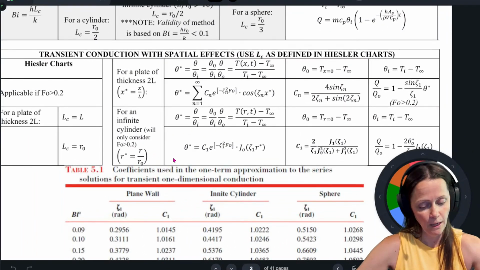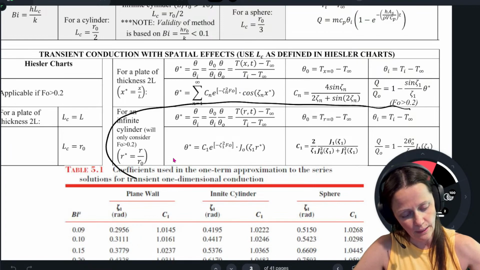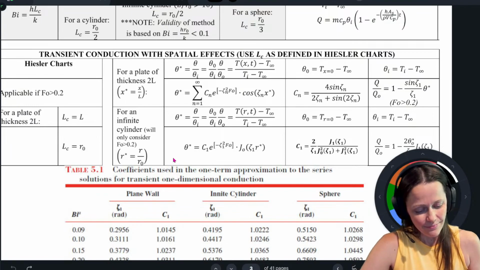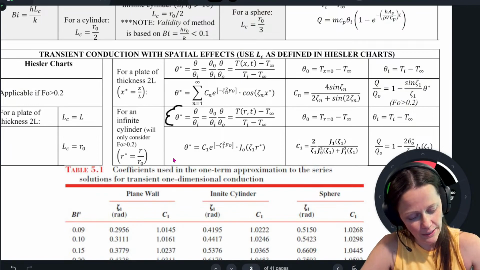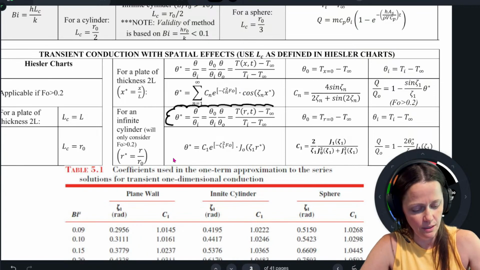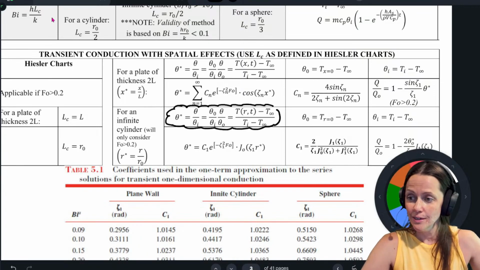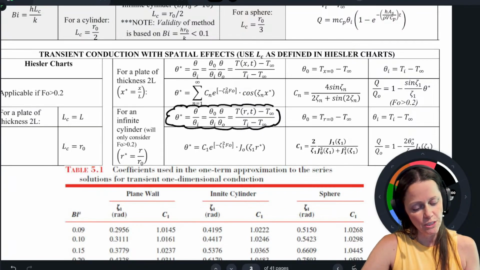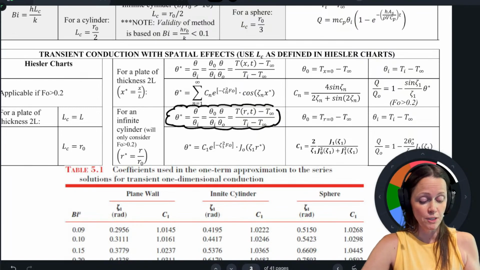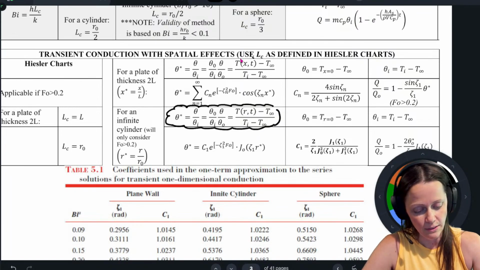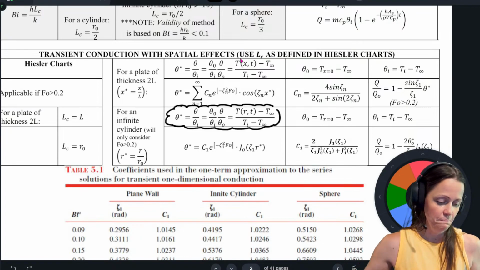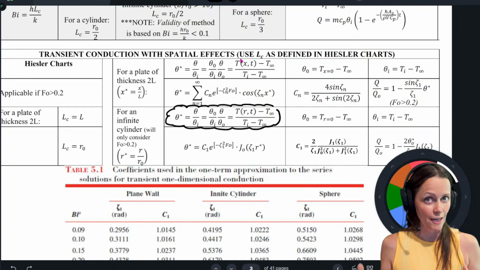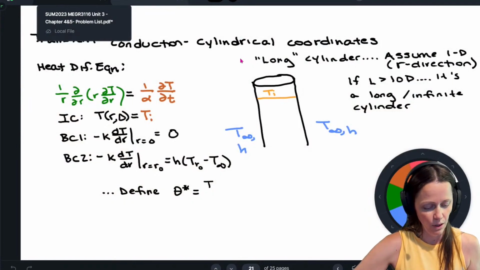We're going to be looking at this whole region. So here's our non-dimensionalized temperature. T at some particular location and time, right? Looks really a lot like that. Minus T infinity over T initial minus T infinity. So really almost the same as that non-dimensionalized temperature that we had before.